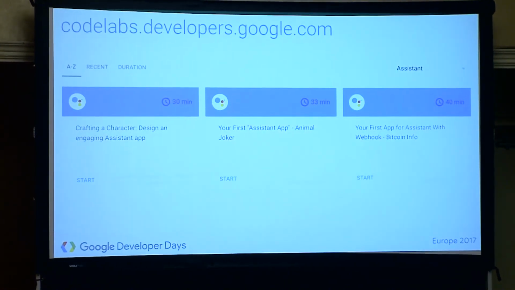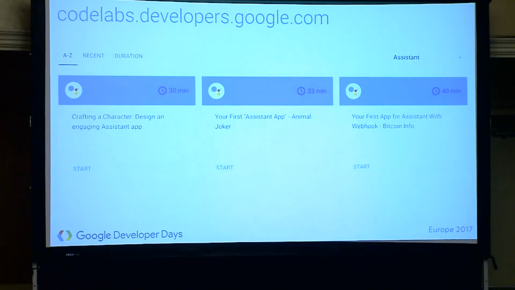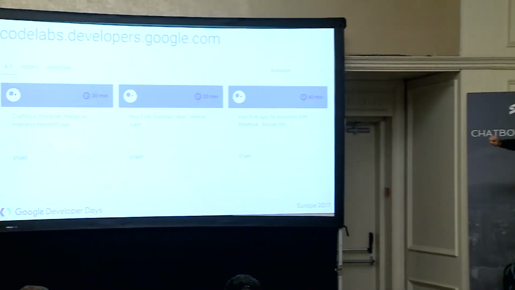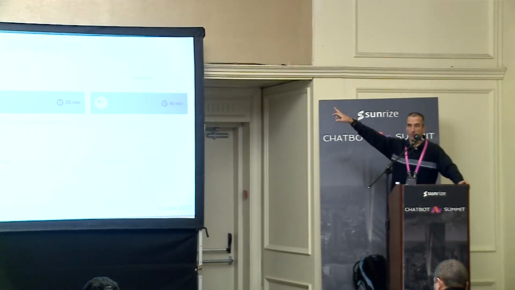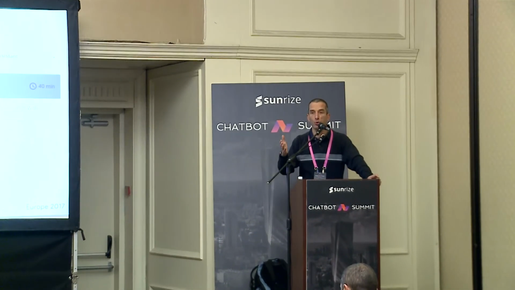If you just want to test Dialogflow, it's Animal Joker, the middle one. If you want to test in more depth how you can use your own server, your own endpoint, it's Bitcoin Info. Please choose the assistant, because there are lots of them.